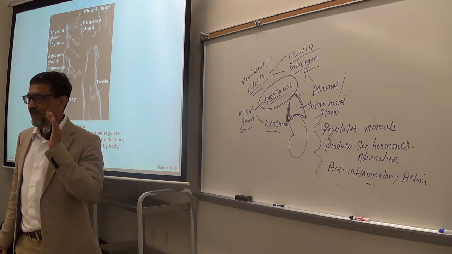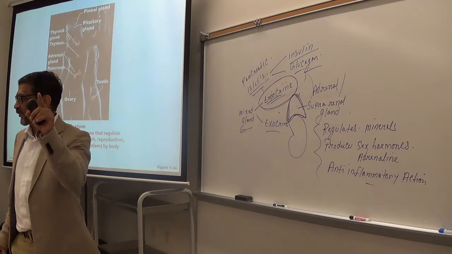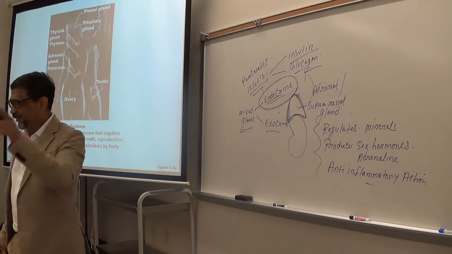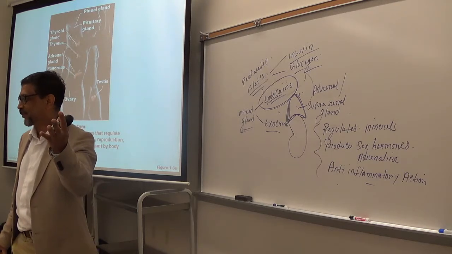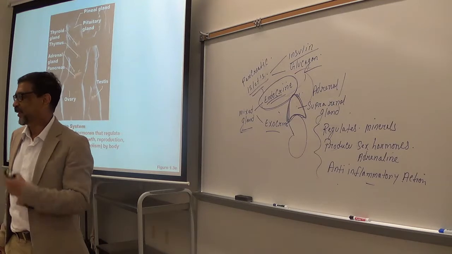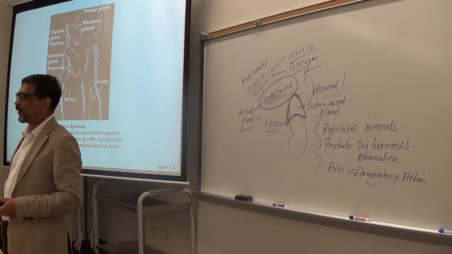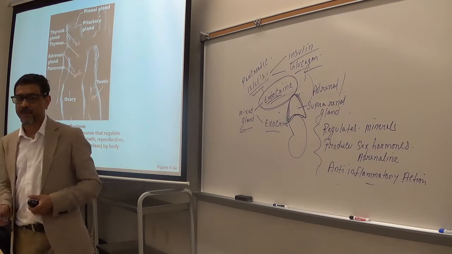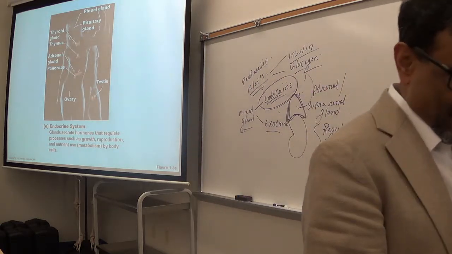So the reason I asked you, because in one exam I gave you, testes how many? Most of the students wrote 2, but there are a couple that said 3 or 4. So you need to know the basic stuff too. Okay, so 2 testes and 2 ovaries. Good. So those are the gonads.